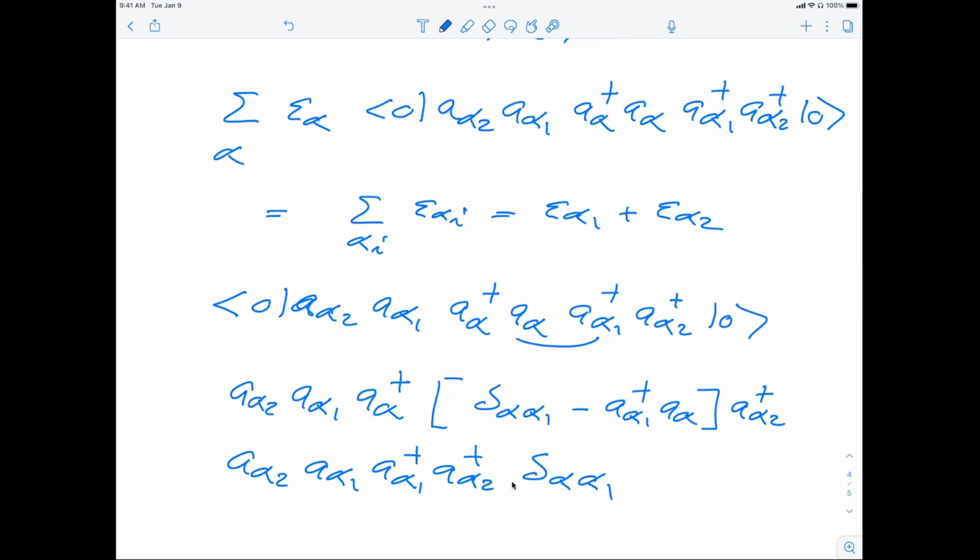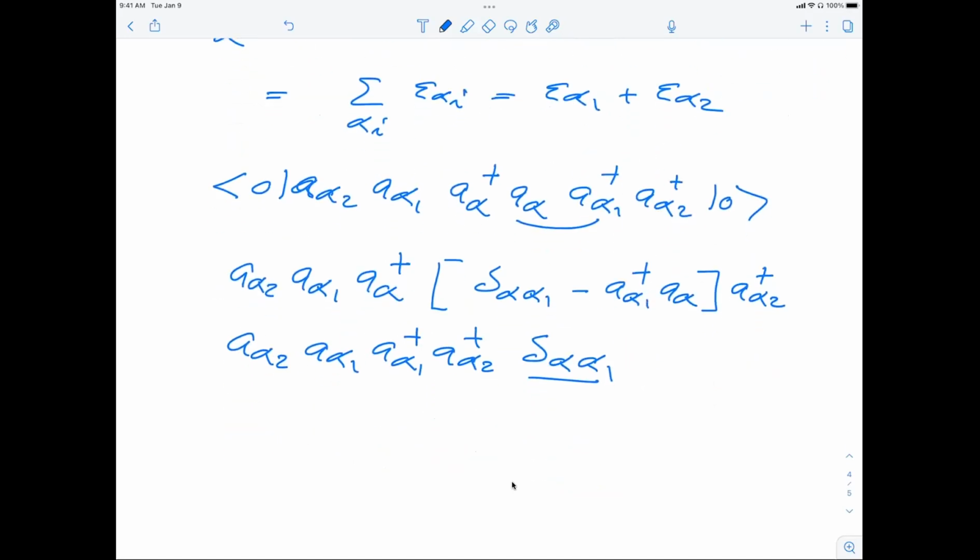And alpha 1, because now I have this quantity here.